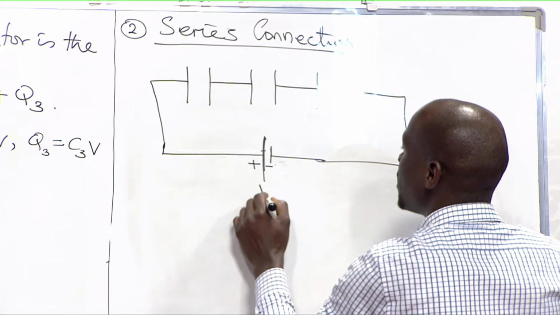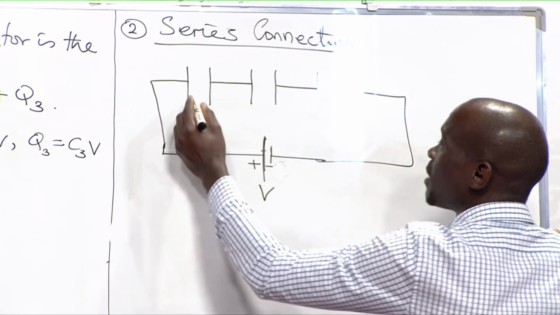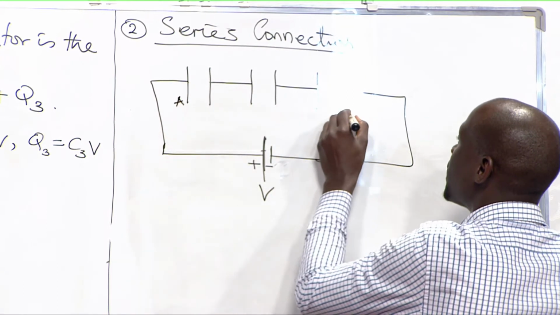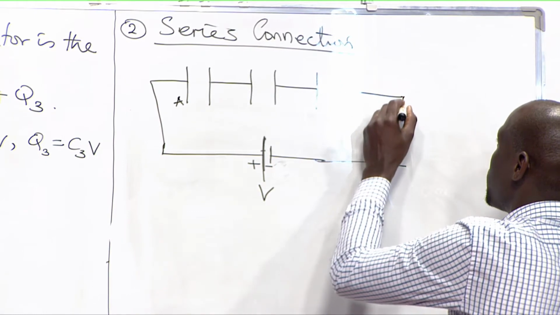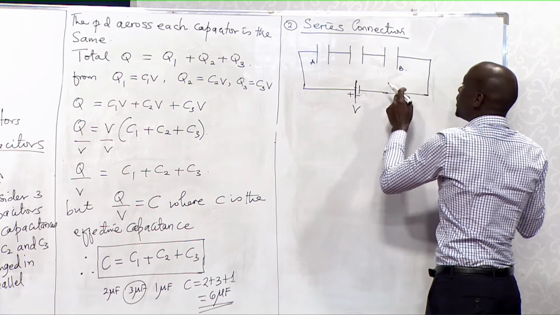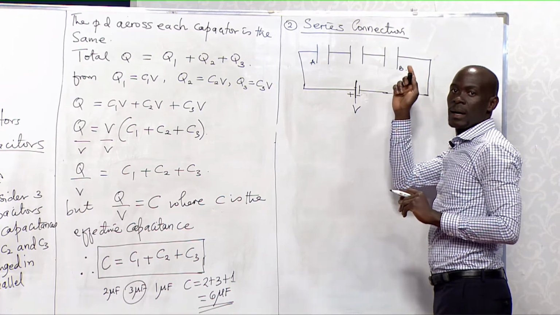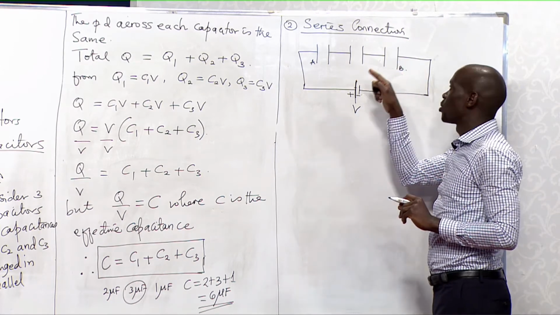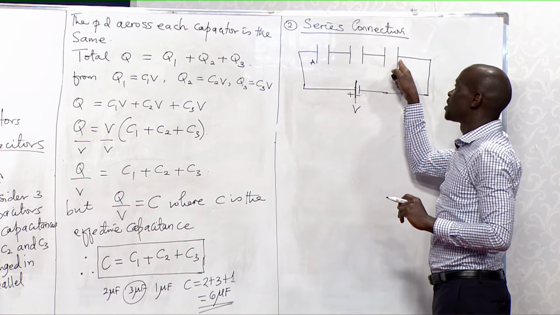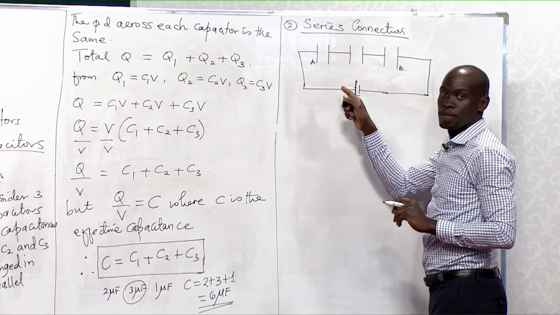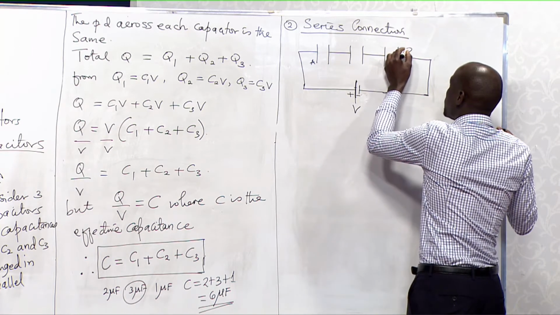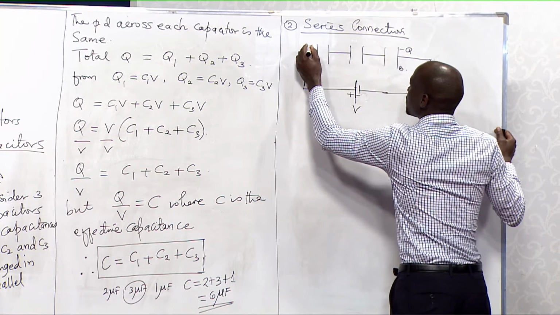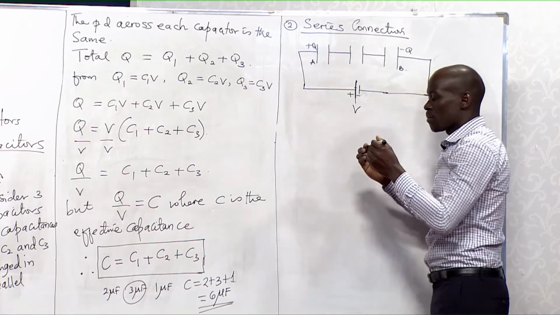And the PD there is V. Now imagine this is plate A and this is plate B. So charge will be transferred from plate A to plate B by transfer of electrons from plate B to plate A. Okay? And meaning, if this is negative Q and this is positive Q, now these plates, remember, are close.